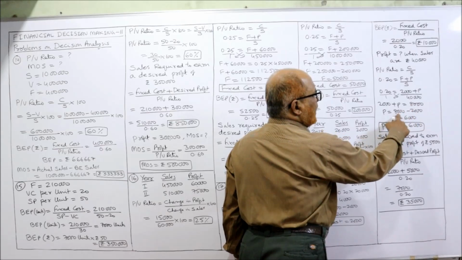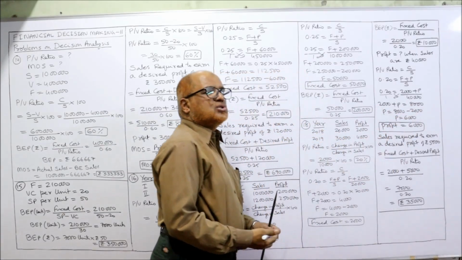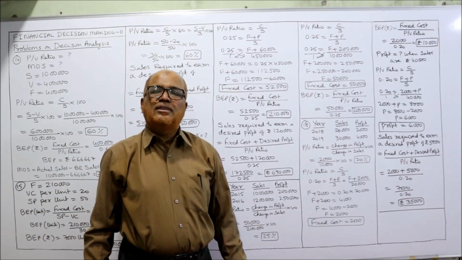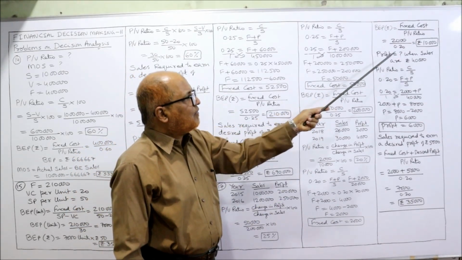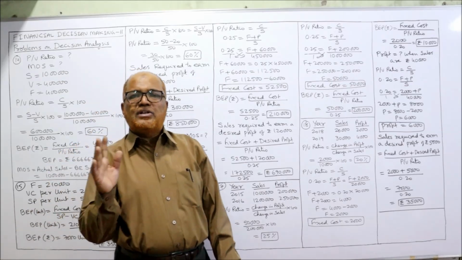So P is equal to 8,000. Take this 2,000 to RHS, minus 2,000. So we got the profit of rupees 6,000. That means if sales are 40,000, the expected profit is 6,000. That's all. 4 bits I have completed.